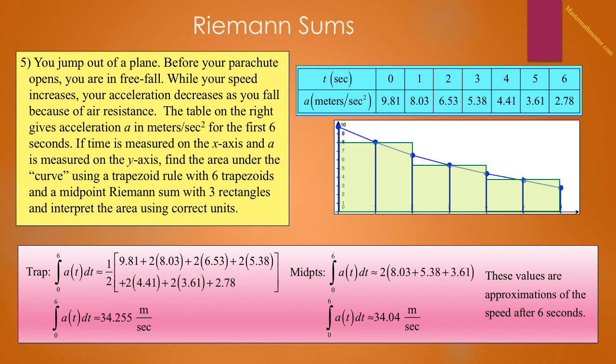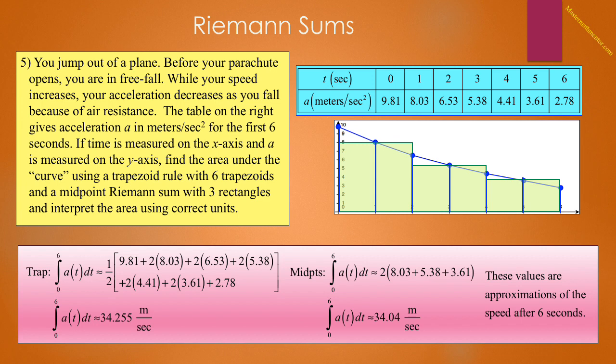For midpoints, there are 3 rectangles, so the base is 2. So the integral from 0 to 6 of a of t dt will be 2 times the quantity: the acceleration at 1 second plus the acceleration at 3 seconds plus the acceleration at 5 seconds.